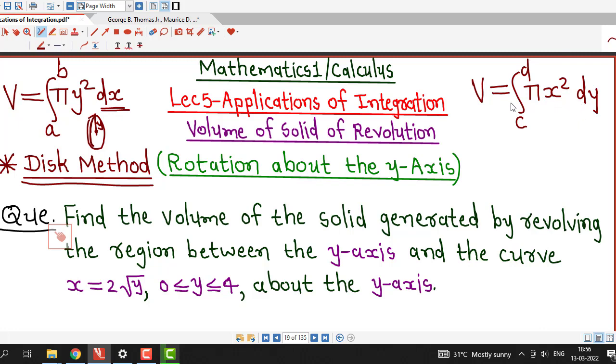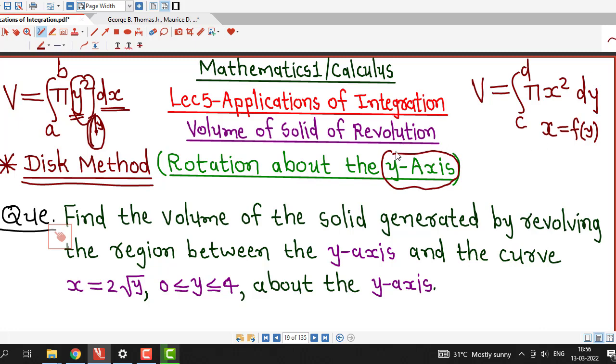Here we consider y as a function of x, and similarly here x will be a function of y, and we will consider the slice of the solid perpendicular to the y-axis, because we are going to consider rotation of the region about the y-axis.